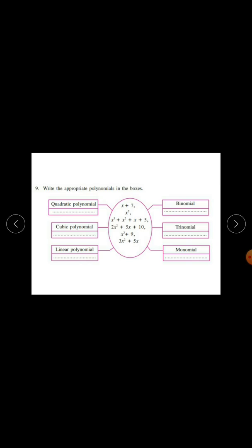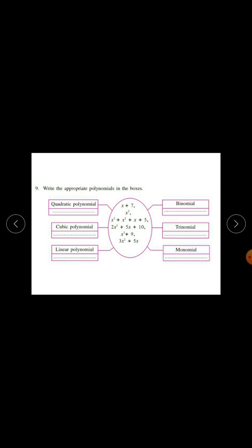Now question number 9. Write the appropriate polynomials in the boxes. Some polynomials are given here and you have to write in boxes. Here first one is given quadratic polynomial, next is cubic polynomial, here linear polynomial, here binomial, then trinomial, monomial.